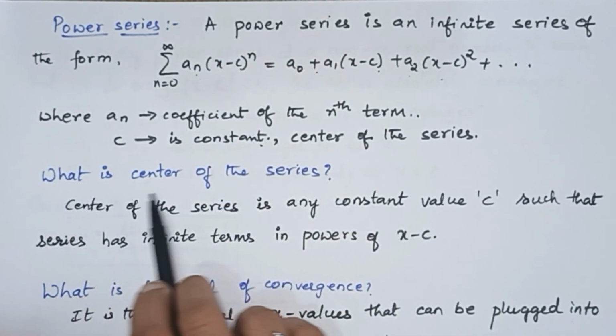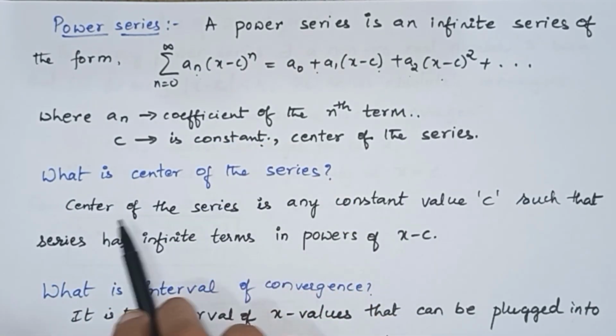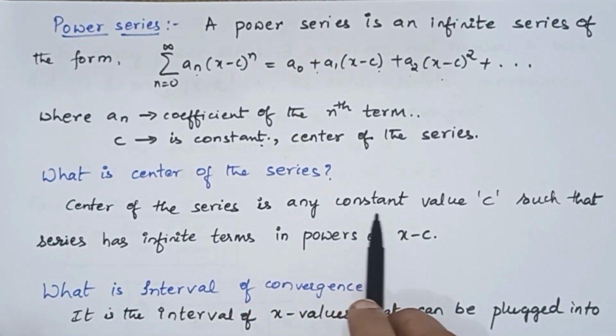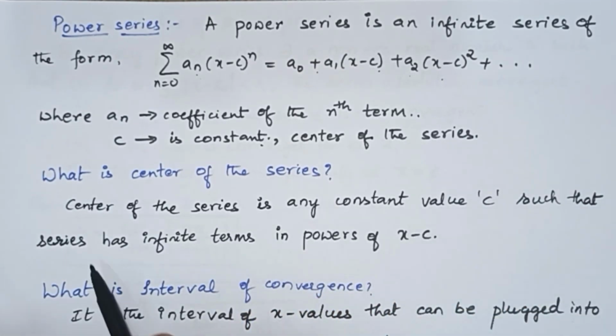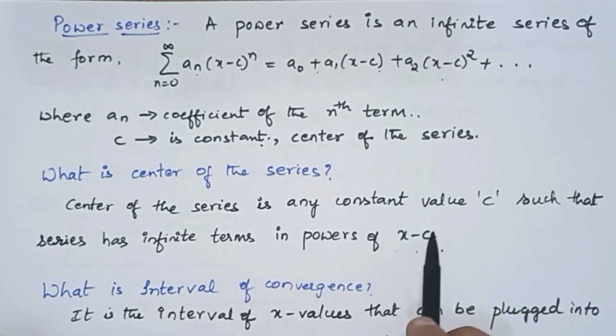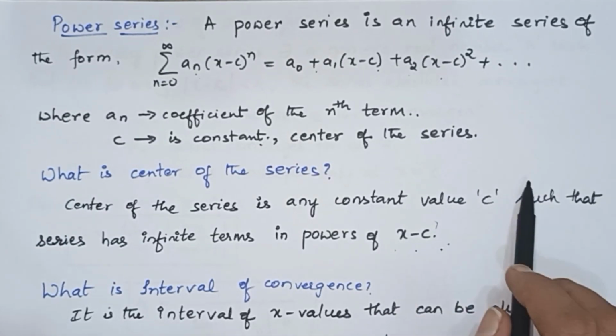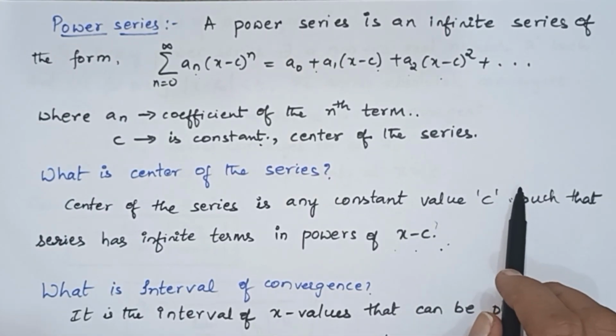Therefore, what is the center of the series? The center of the series is any constant value c such that the series has infinite terms in powers of x minus c. So the series is expanded in terms of x minus c if c is the center. You can take any constant value as a center.